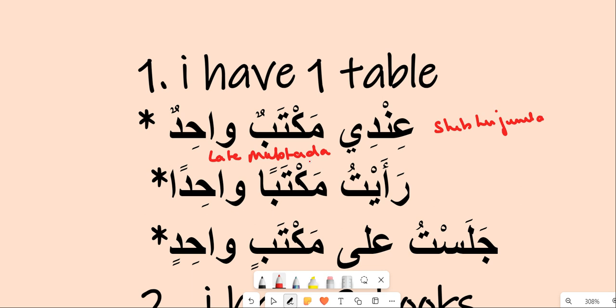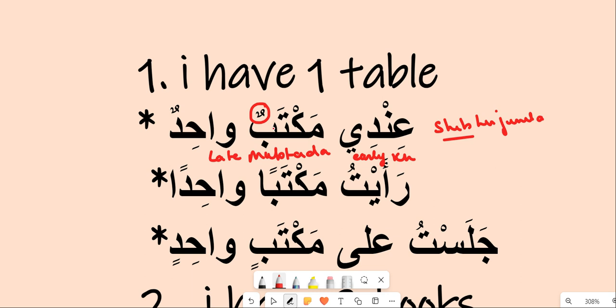So that's why the mubtada is pushed back and the khabar proceeds. So this is early khabar. It is called early khabar. So in the sentence when you find early khabar and late mubtada, know that it's a shibh jumla. So that's why the mubtada has been pushed back and that's why it is in marfu case.